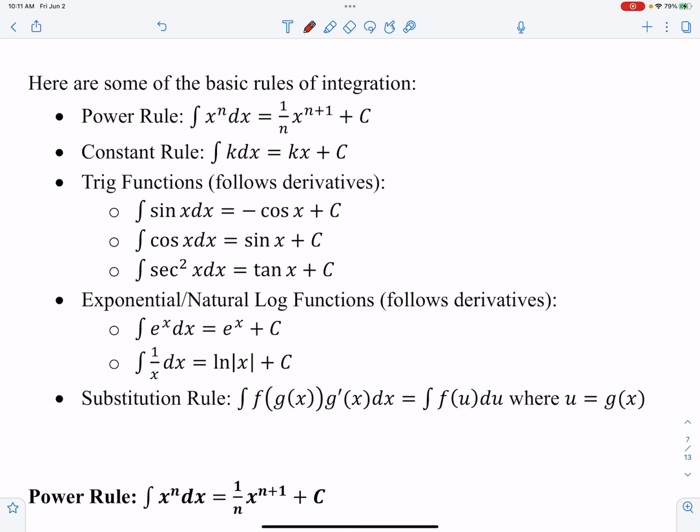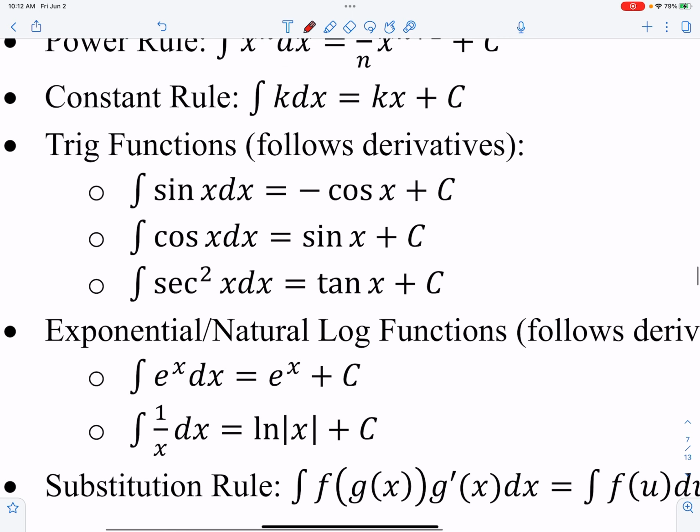So we had used power rule for integration, thinking about going in the opposite of power rule for differentiation. Constant rule, which goes back to kind of power rule to me. And then here are the integrals that follow, the antiderivatives that follow differentiation of the trig functions, right?